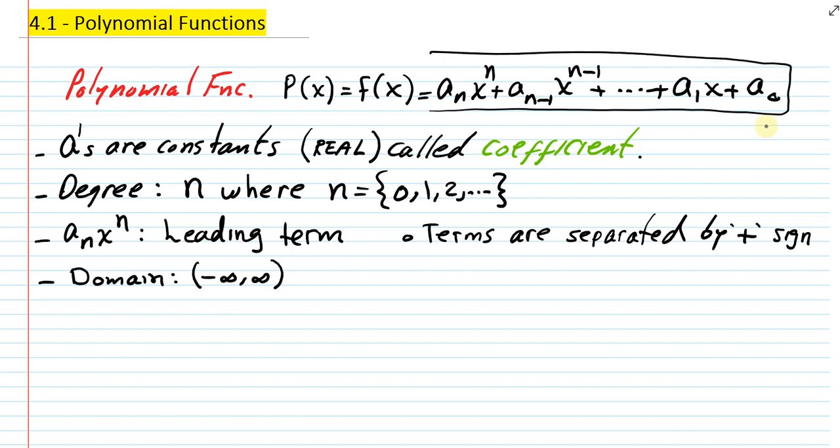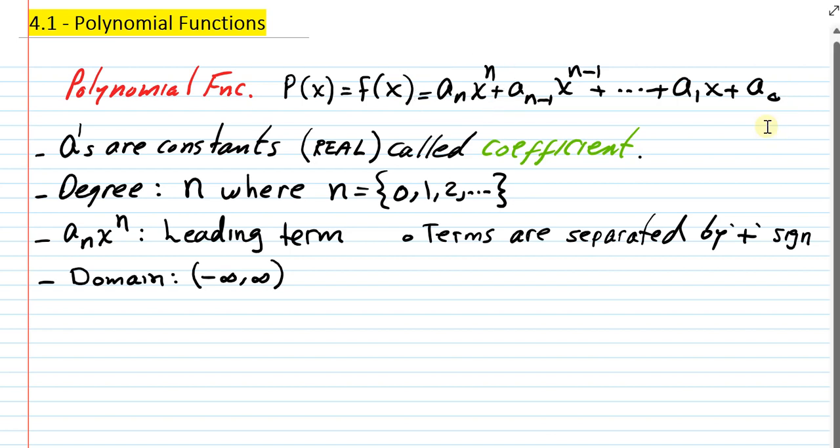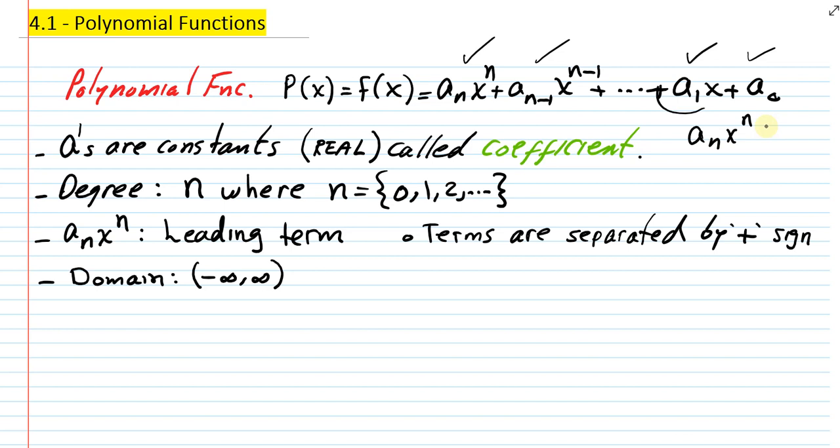They have to be in the form of a_n x to the n to qualify as a polynomial function. Notice each of these structures that you're looking at follows the a_n x to the n format. So for example, a1x is a1 x to the first power, where n is 1. You see that?